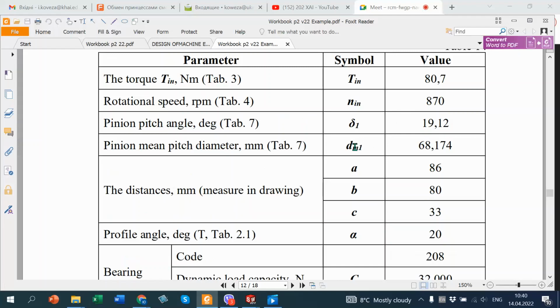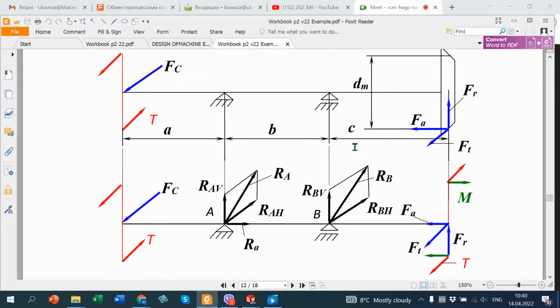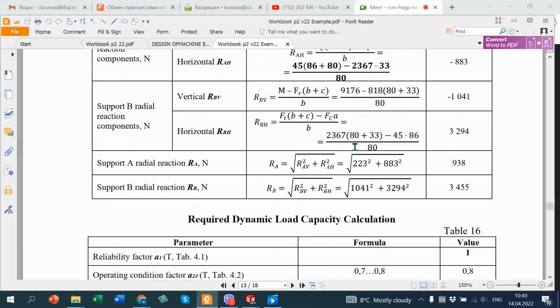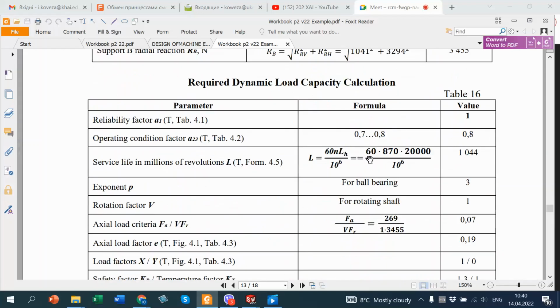Then LH, it is your service life in hours, and divide by 10 power 6, it's million, because service life should be calculated in millions of revolutions. Value is relatively big. Then exponent.